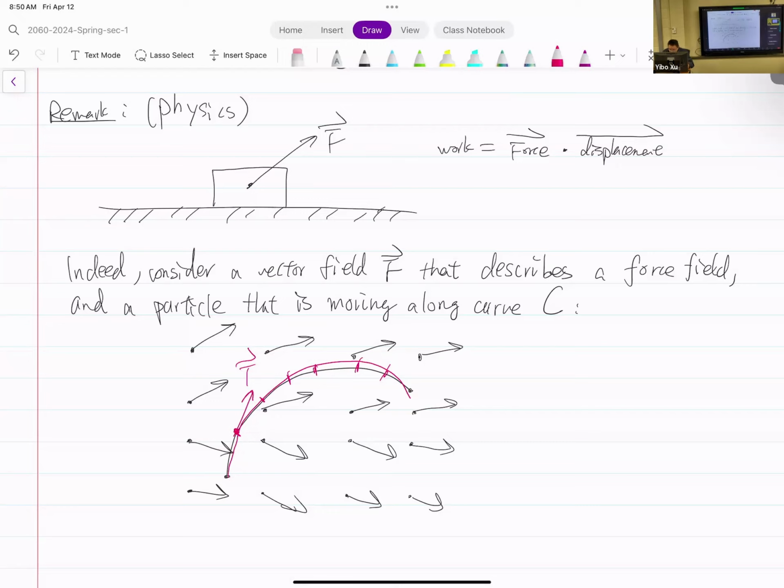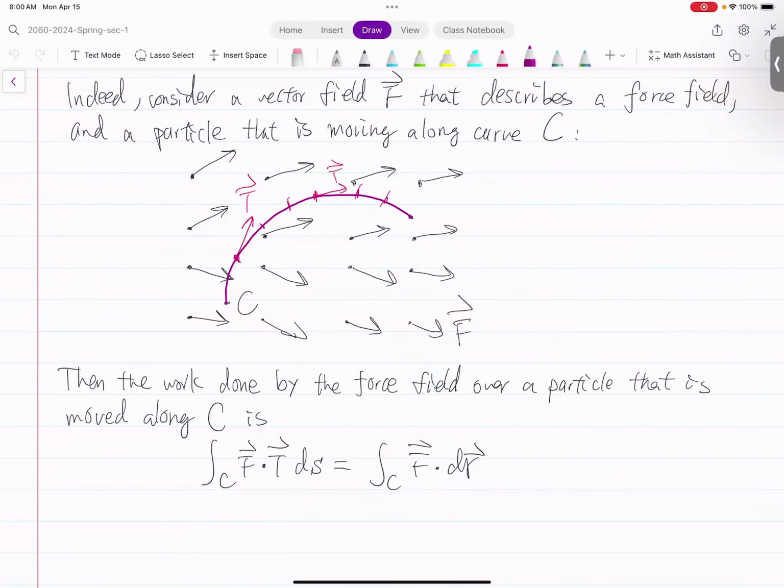So F dotted with T, and then ds is the tiny increment along the curve. If you accumulate everything, this is exactly the work done by moving the particle along the curve within the force field.